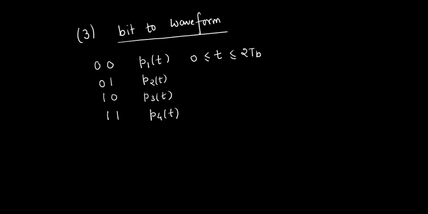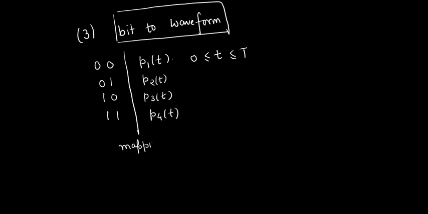We are transmitting each waveform P1(t), P2(t), P3(t) depending upon the input bits. This is the mapping table. If the input is 0 0, you will transmit P1(t), if the input is 0 1, you will transmit P2(t) for capital T time, and since you are taking 2 bits, you can write T as 2 TB.